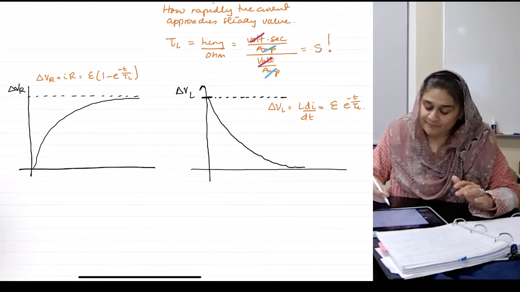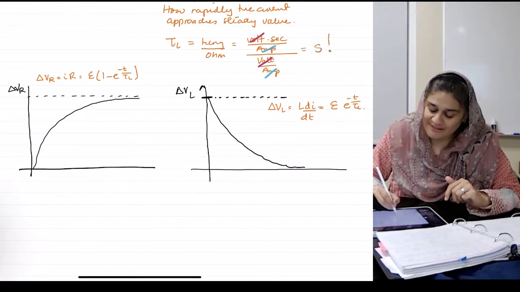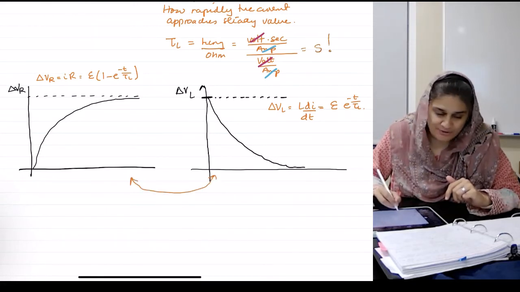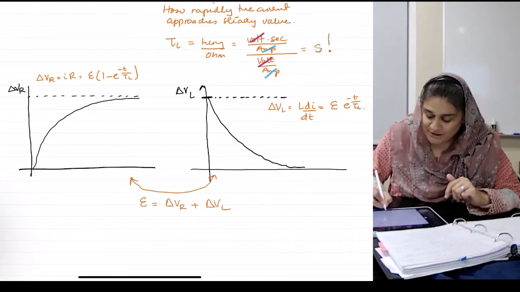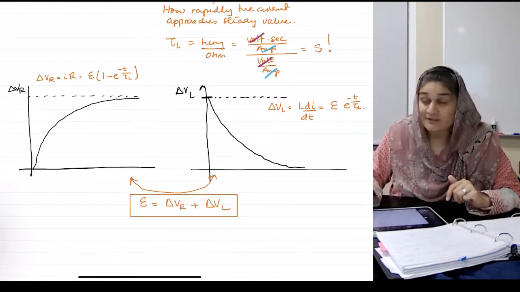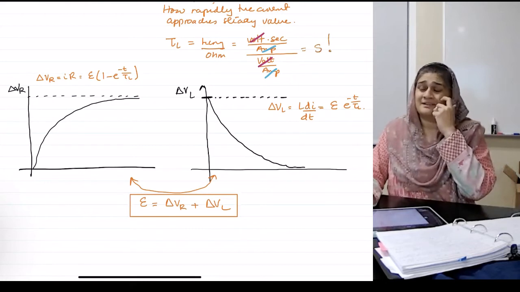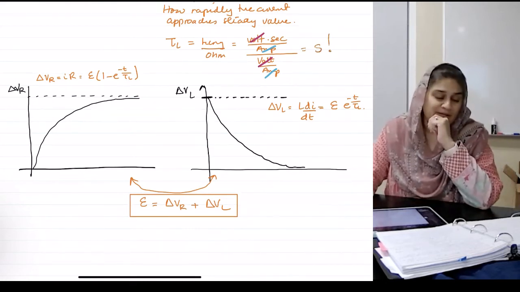But remember, for this case, this will always hold true, that the potential drop across R and the potential drop across L, the sum of them will never be greater than the EMF that the battery provides.